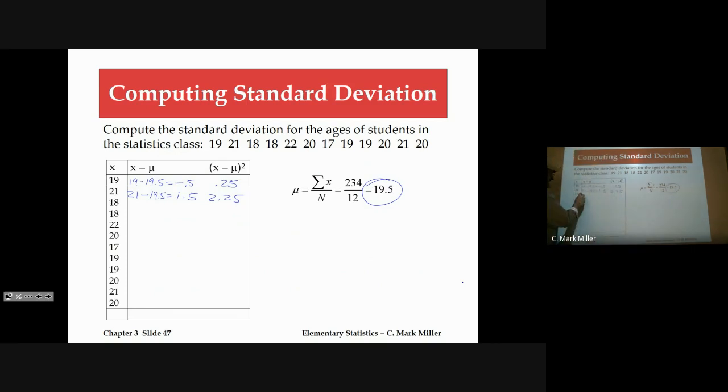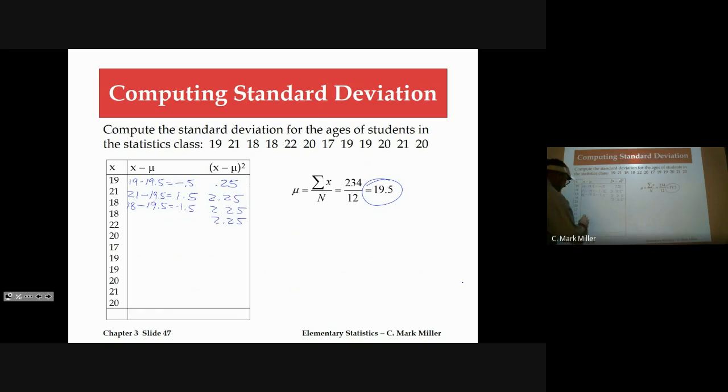And so you have 18 minus 19.5 is minus 1.5, squared is another 2.25. The next one's an 18, that's going to be another 2.25. For that matter, any other 18s are 2.25.